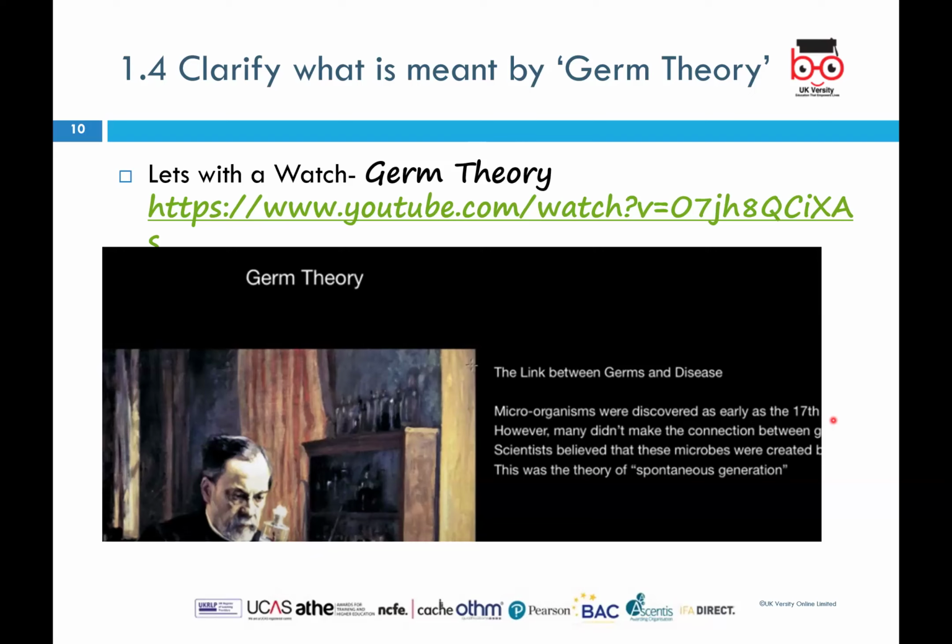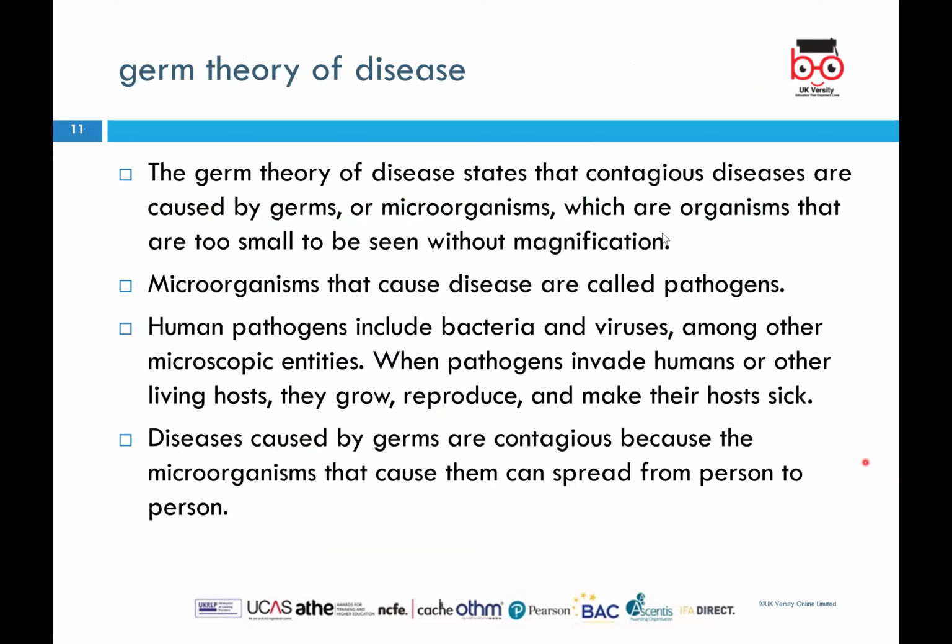So scientists believed that these microorganisms, these tiny germs, might be responsible for causing disease. This theory was known as spontaneous generation. You will look at the video and then you will understand a bit more about what germ theory is.